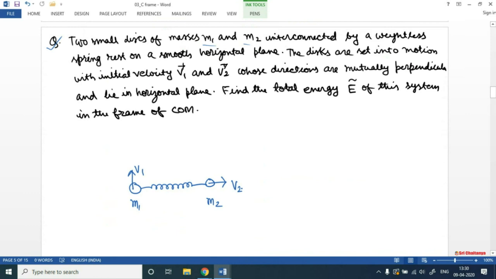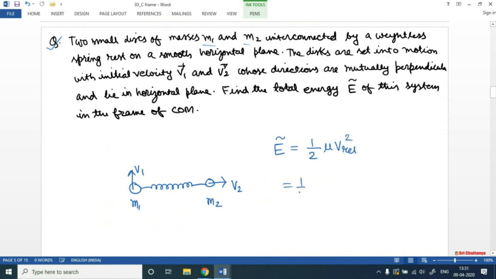We are required to find the total energy E tilde of this system in the frame of center of mass. So the internal kinetic energy is being asked, and we need not do any calculation because we have already derived an expression for that. It becomes a simple formula-based question, and that would be half mu v relative square.